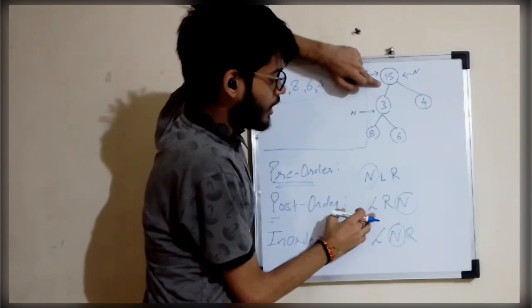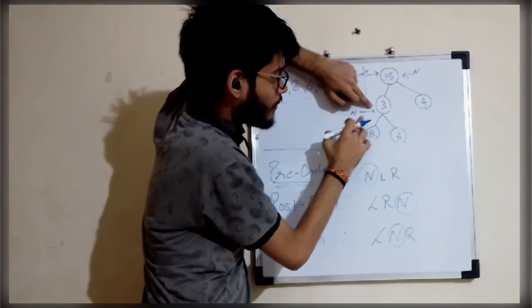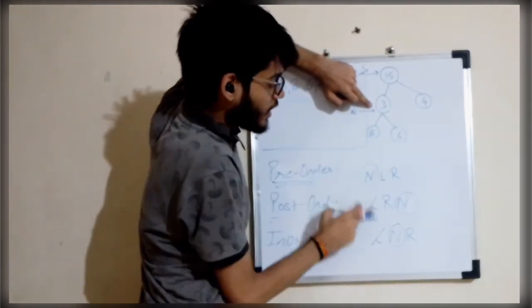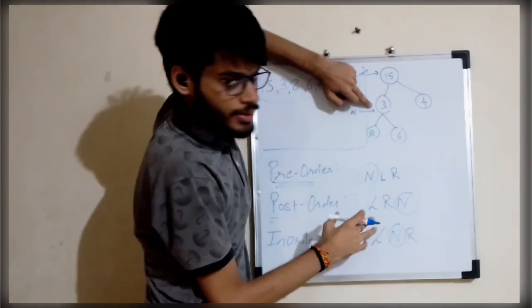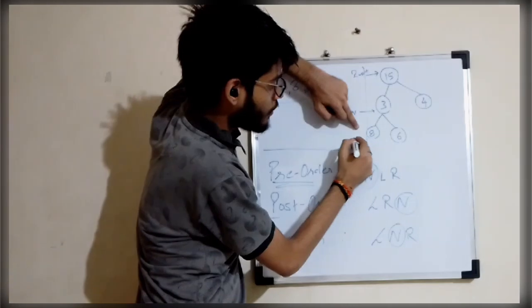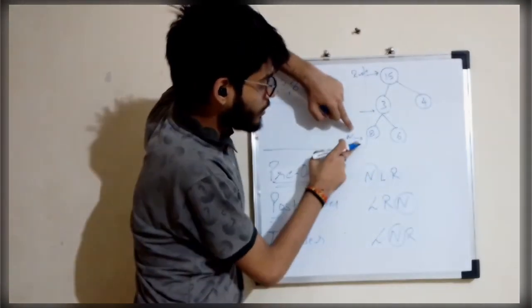We go to the left of the node, which is 3. Now this becomes our node, and for this again apply this formula: go to the left of this. Now coming to the left of this is 8. Now this becomes our node.